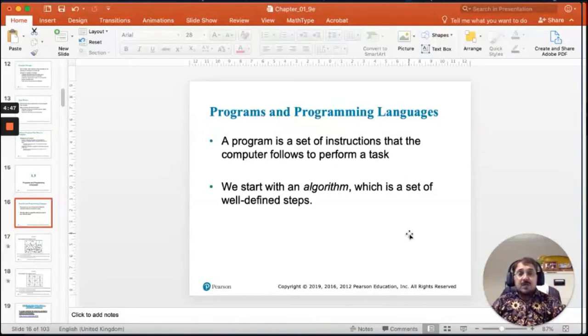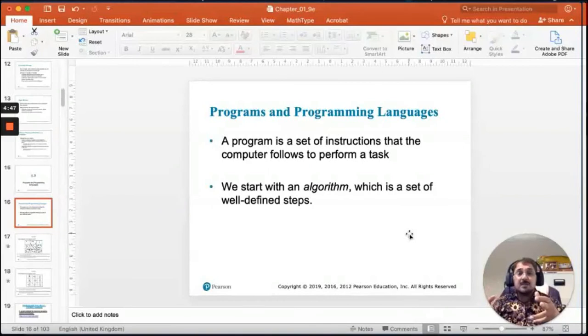Okay, let me summarize once again. What is a program? What is an algorithm? If we know a problem, for example, the problem is to add two numbers and display the sum, and we already know how to solve it, then if we write the solution in steps in our own language, it is called an algorithm.